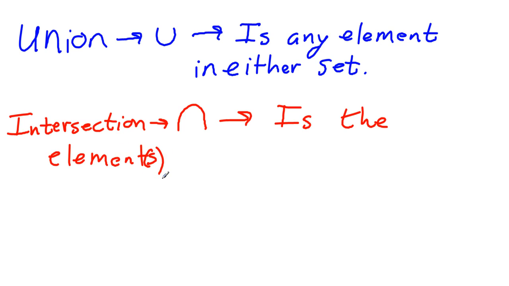Again, element or elements. Most times it's more than one, so it's a lot of elements. So it's going to be the element or the elements that's in both sets.